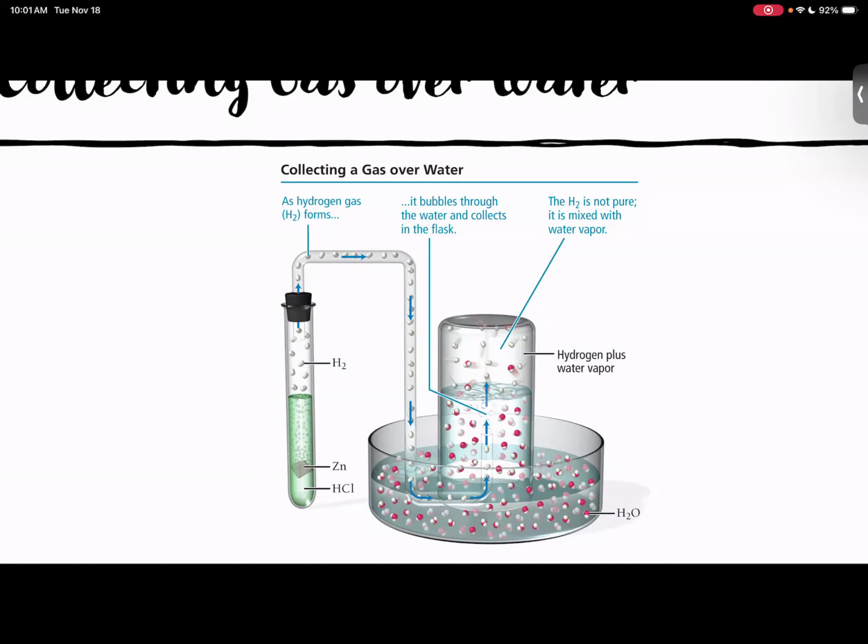It consists of the hydrogen that was bubbled through, but it also consists of water molecules that have enough energy in order to break away from a liquid and become a gas. So it has some water vapor inside the tubing as well.